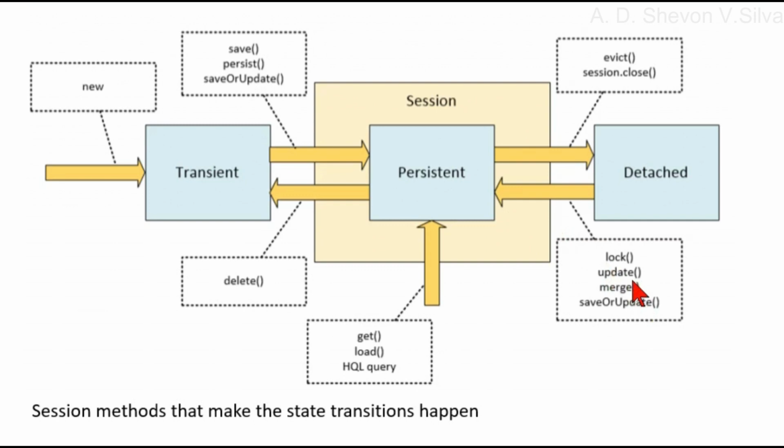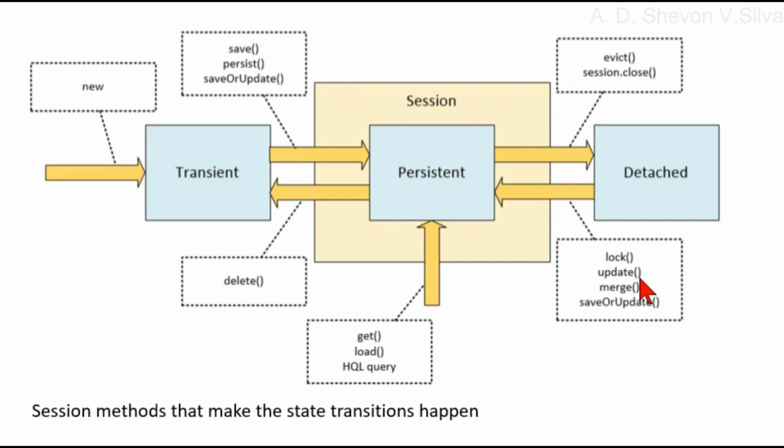Update. As with persist and save, the update method is an original Hibernate method. Its semantics differ in several key points. It acts upon a passed object.